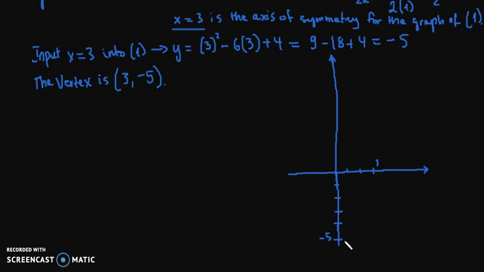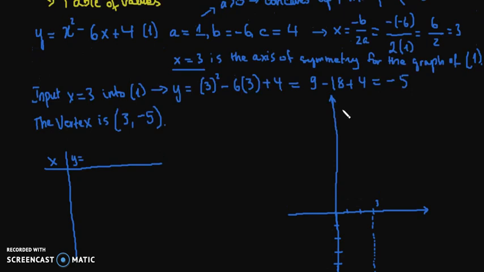So this is the vertex point. Now, in order to find other points on the graph, we need to construct a table of values. So I have x here, y equal to x squared minus 6x plus 4, and here the x, y coordinate.